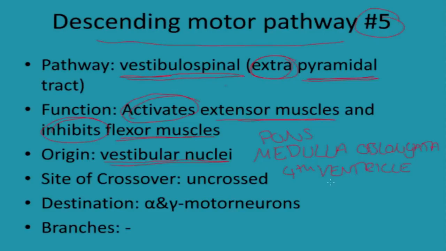These nuclei also receive afferent fibers from the inner ear through the vestibular nerve and from the deep cerebellar nucleus. Once the fibers leave the vestibular nuclei, they descend uncrossed as part of the vestibulospinal tract, and they synapse upon the alpha and gamma motor neurons. This tract does not give branches.